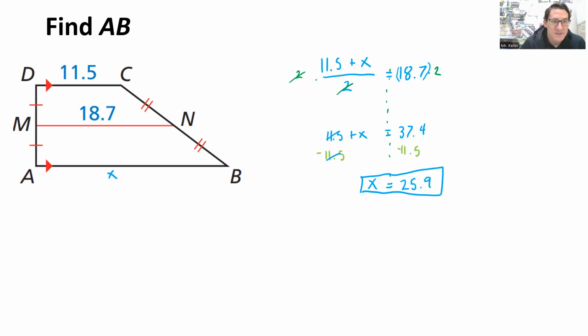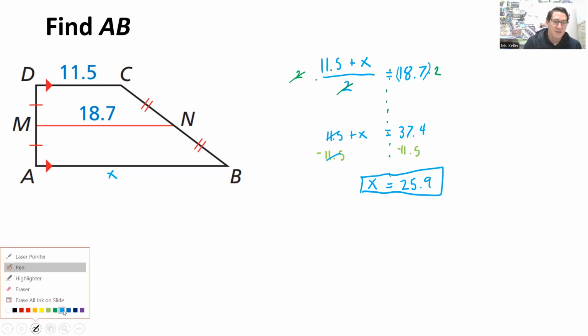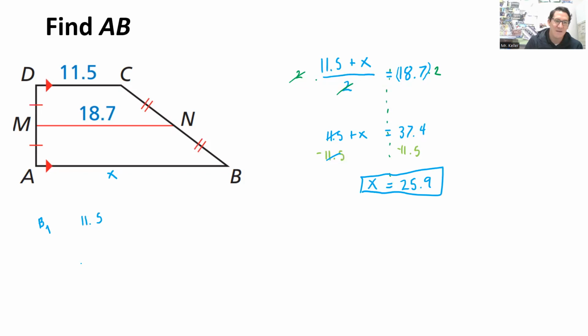The other way to think about this is intuitively. I like to write these out. So I have base 1 is 11.5. The mid segment is 18.7. And then I'm trying to find base 2.